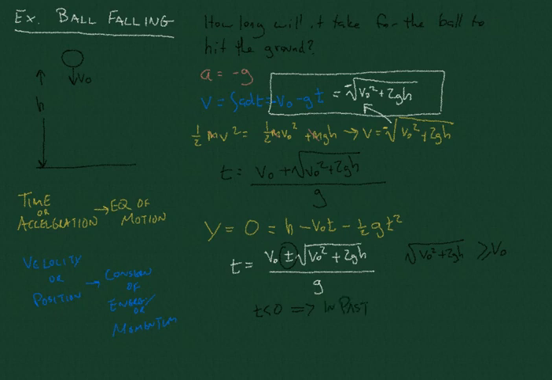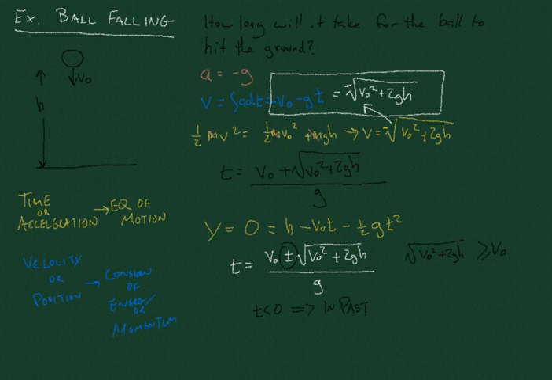In other words, there was some time in the past when the ball was also on the ground, and this is giving us the last time in the past when the velocity was 0, the time when we initially dropped the ball. Because the ball had an initial velocity v0, it means we didn't drop it just now.